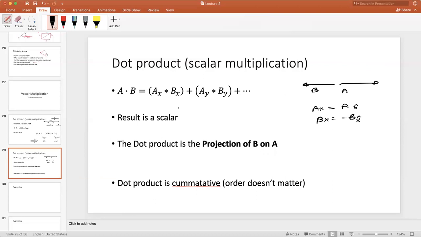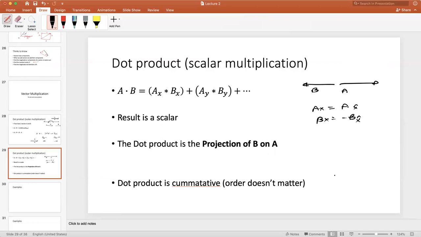So therefore, we get a negative quantity. We can have a negative scalar result of a dot product. That's okay. You can have negative work. You can have negative energy. It means something, and we'll talk about that later. But for a dot product, all you do is you multiply each individual component, add them all together, and that is your result. And your result is just a number.